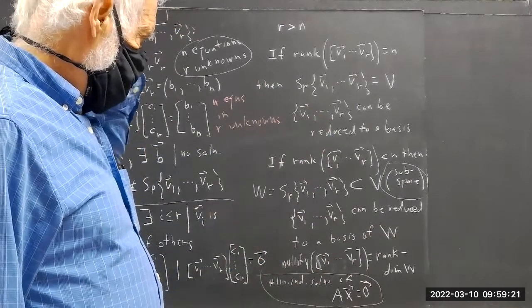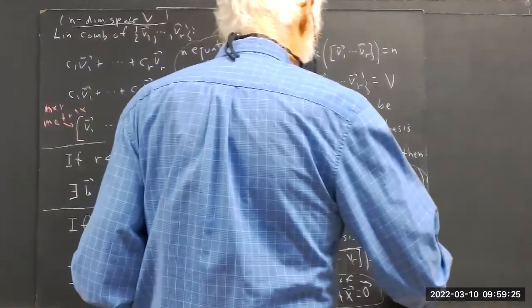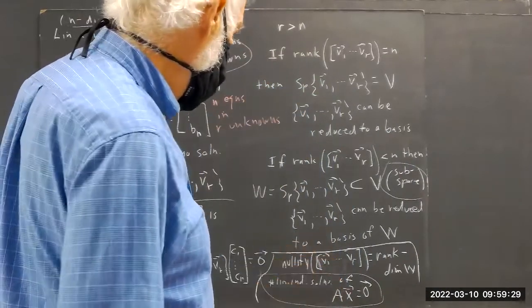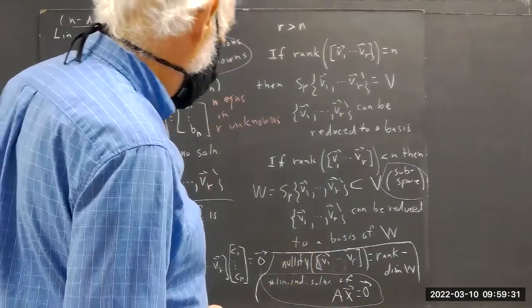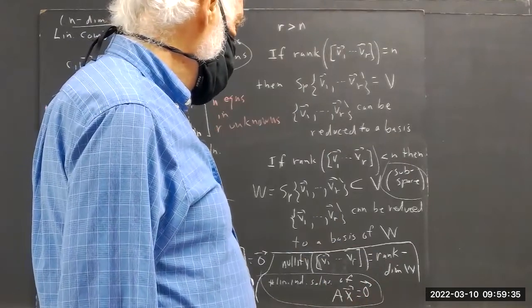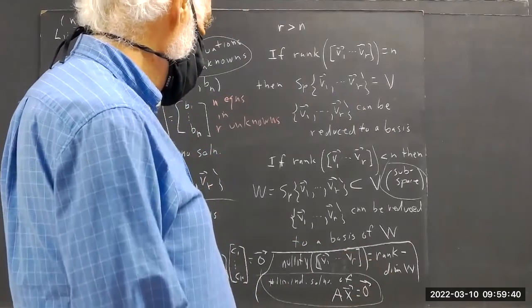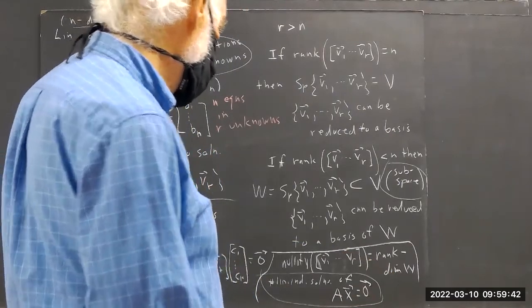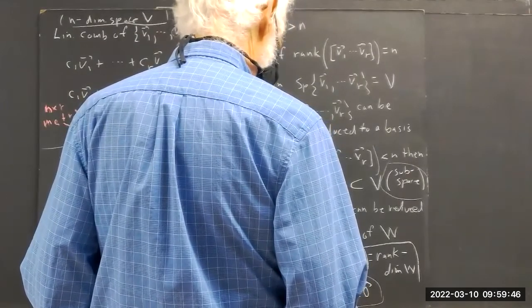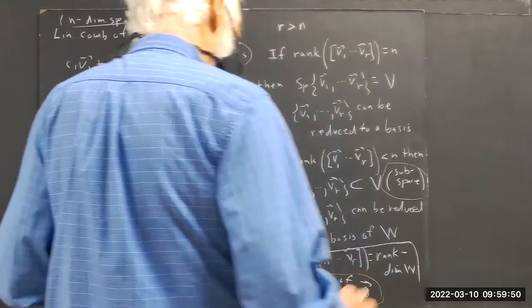Then we have nullity of this set is equal to the rank minus the dimension of W. And that's true.